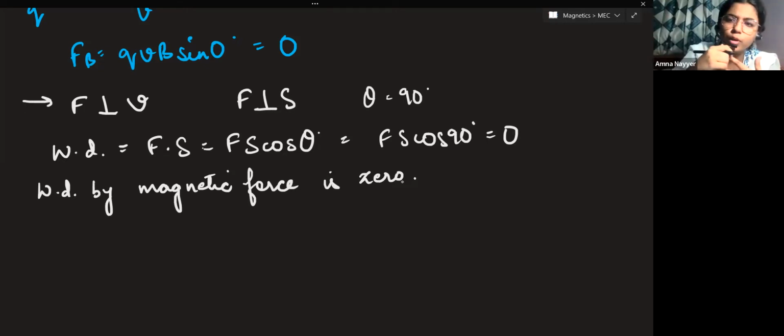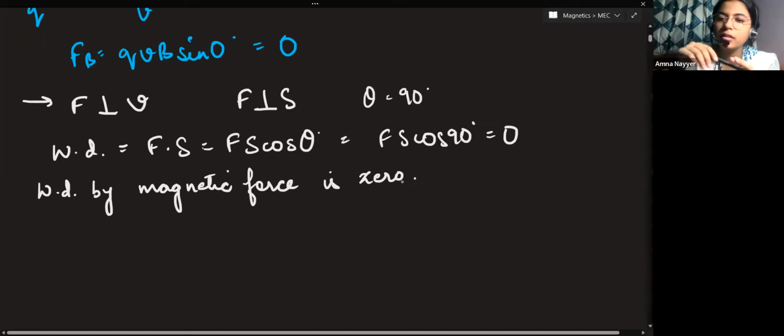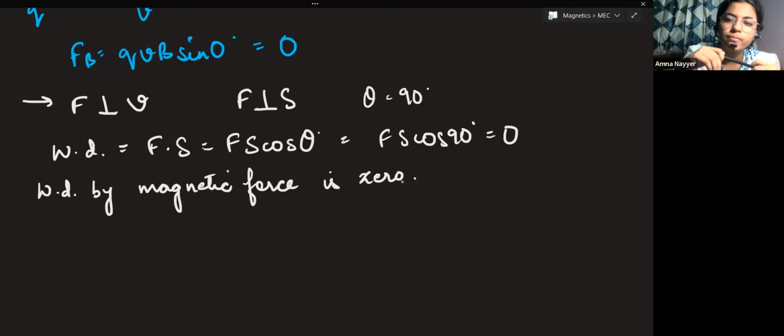Anybody who remembers it? I think in your lesson on work, energy and power, you have work energy theorem. No one? Okay, it was related to kinetic energy. Now you people can think.